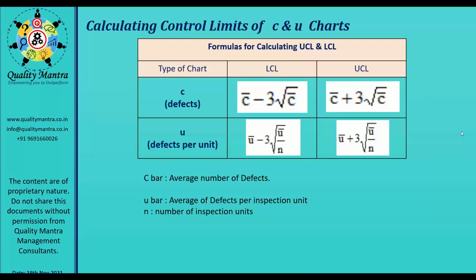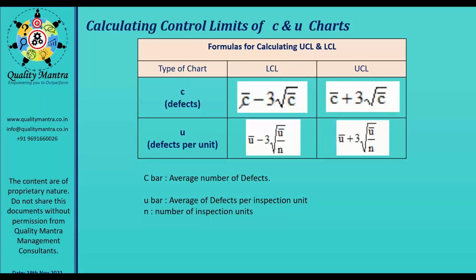Then you require the average, so you will take out the average of that. And then you require LCL and UCL. So this is the formula which you are going to use for calculating LCL and UCL of C and U chart.